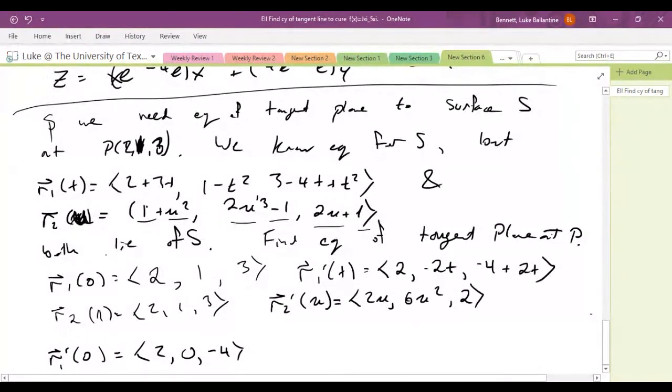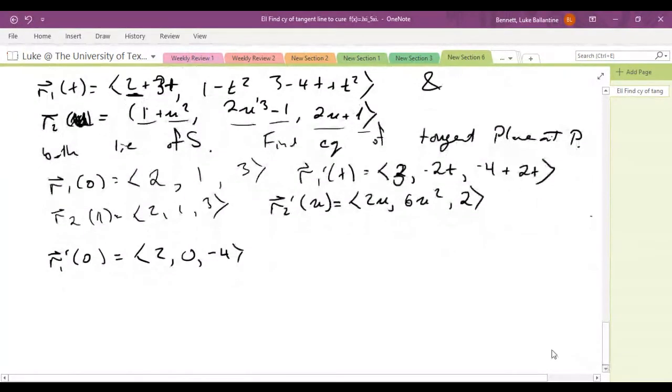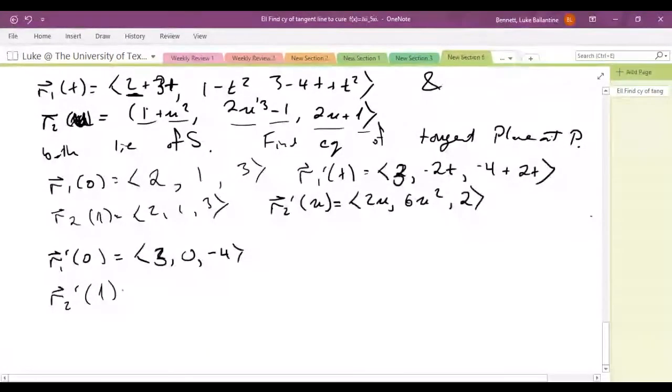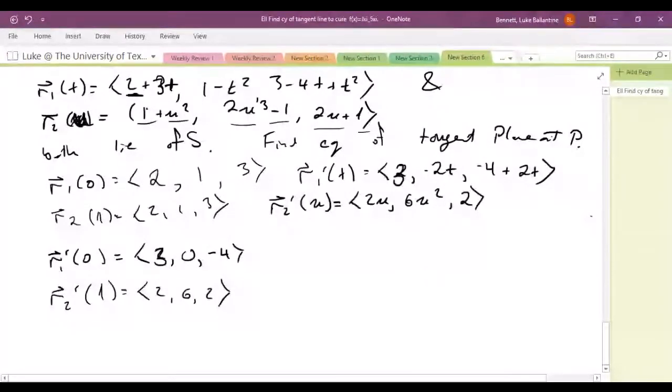Because this first function, this 2 goes away, and this is 3t. This is actually a 3. Then we have R2 prime of 1 would be 2, 6, 2. So we have our surface.